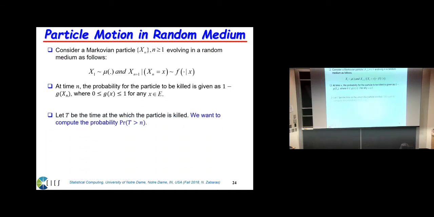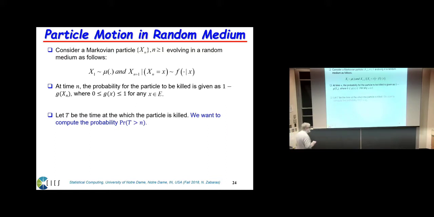So here is the problem we want to do. Let's take a time capital T, which is the time at which the particle is killed, and we want to compute the probability that capital T is greater than n. So again, T is the time that the particle is killed. We want the probability of capital T being greater than n.